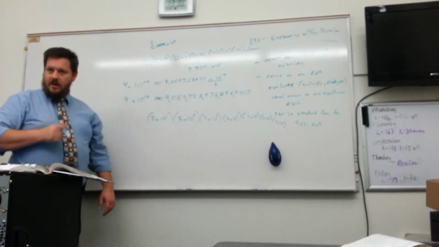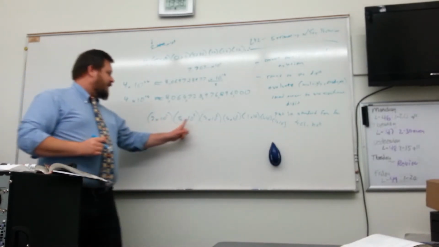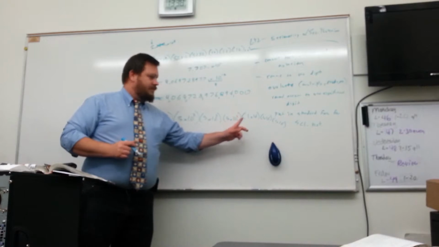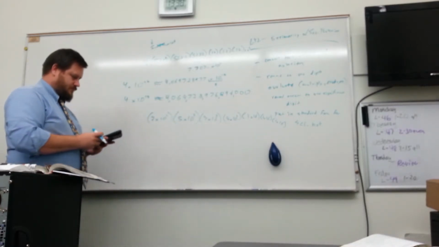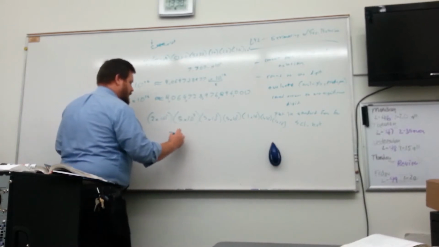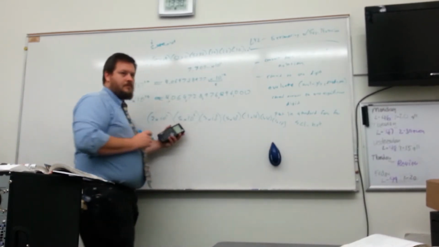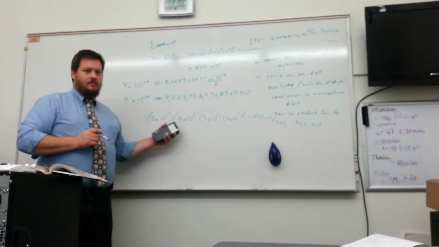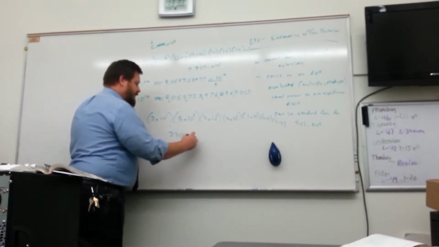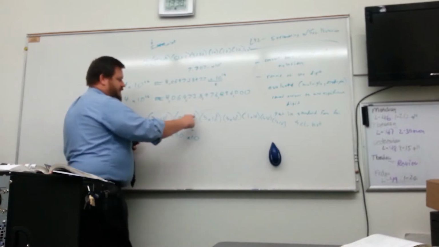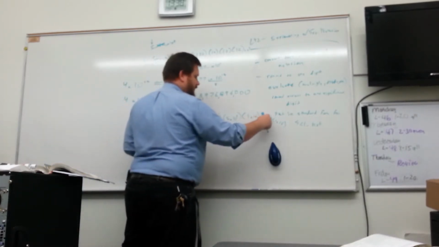Okay. So now with your calculator, do 2 times 5 times 5 times 5. What do you get? 250. Times 10 to the 1 plus 3 plus 3 plus 3 plus 1 plus 1 plus 1.